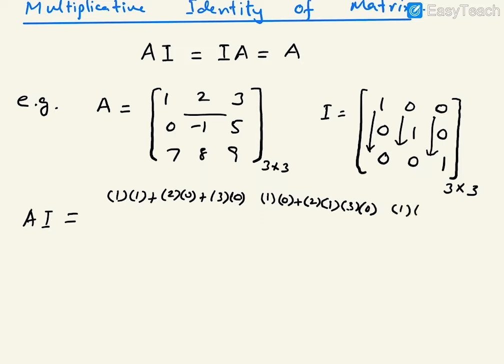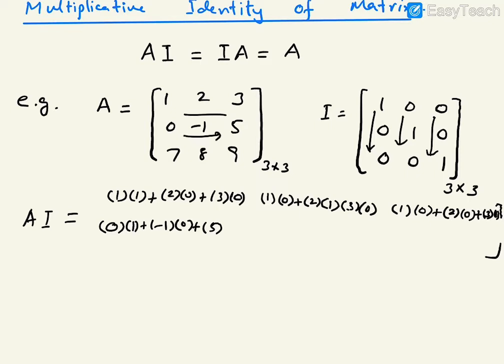Same, 1 into 0 plus 2 into 0 plus 3 into 1. So here again 0 minus 1, 1 plus 0 plus 5.